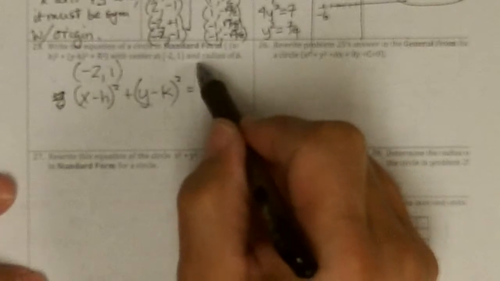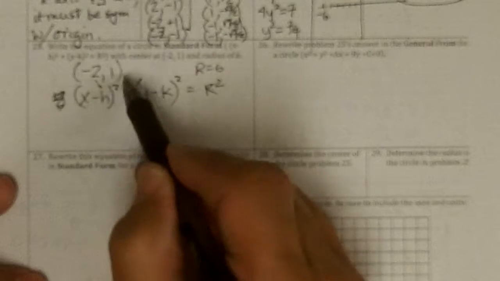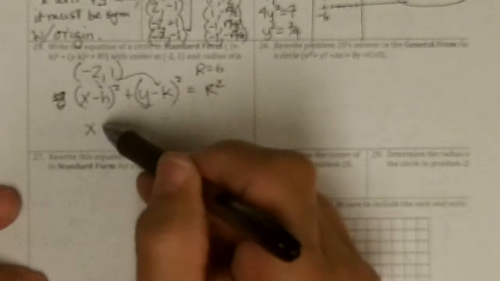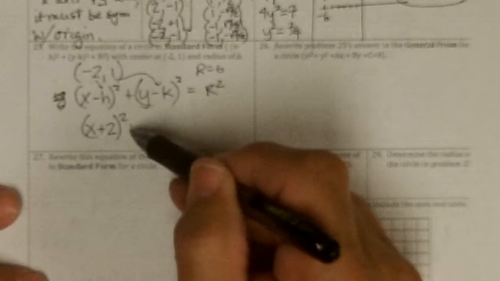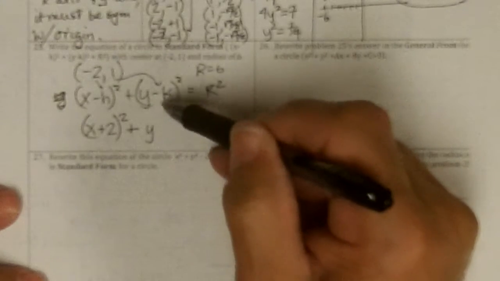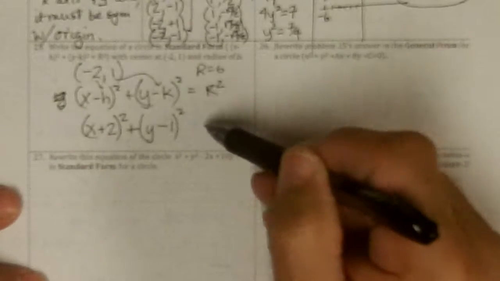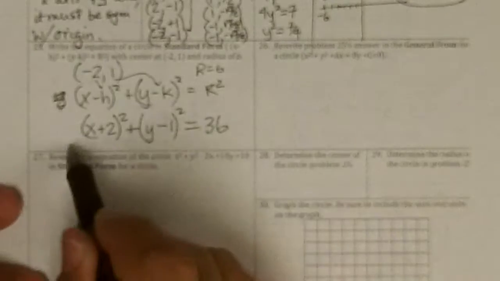And r is supposed to be 6, and h is -2, and k is 1, so we have x minus a minus 2, or x plus 2 squared, plus y minus 1 squared equals 6 squared. There's the answer. That's just filling in the h and k and r.